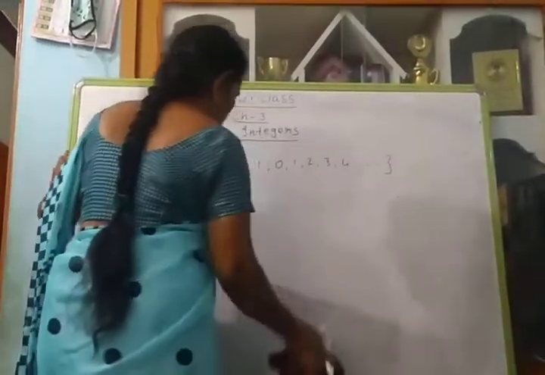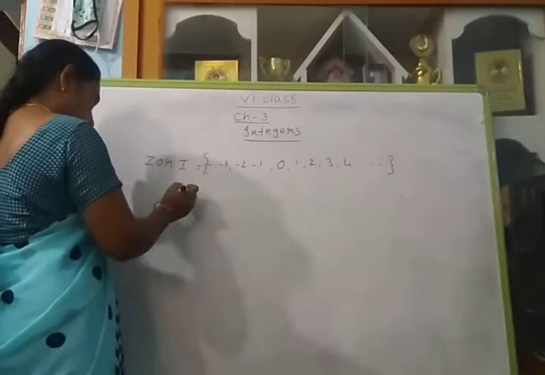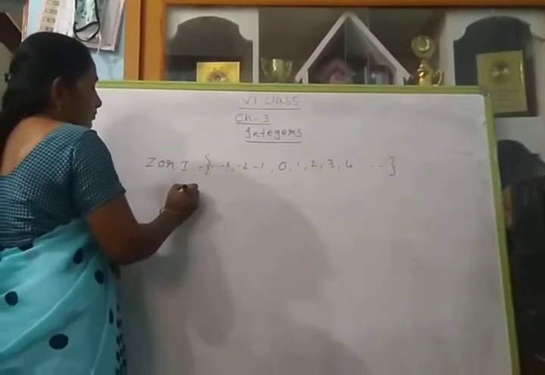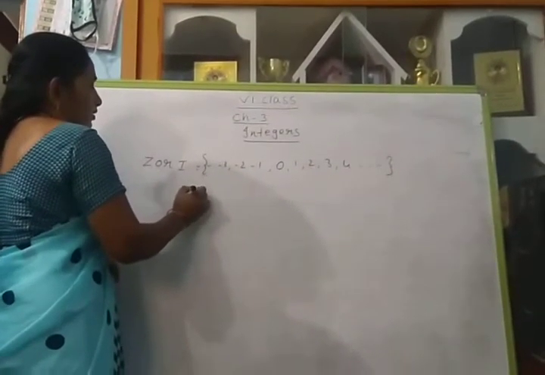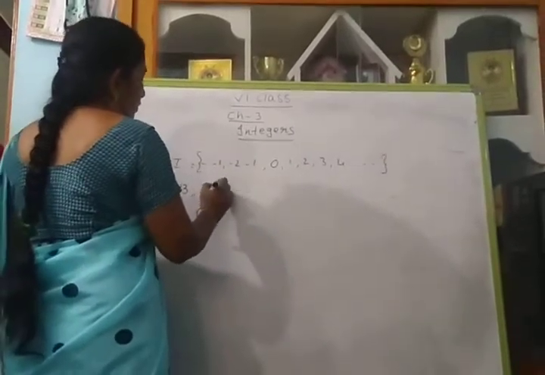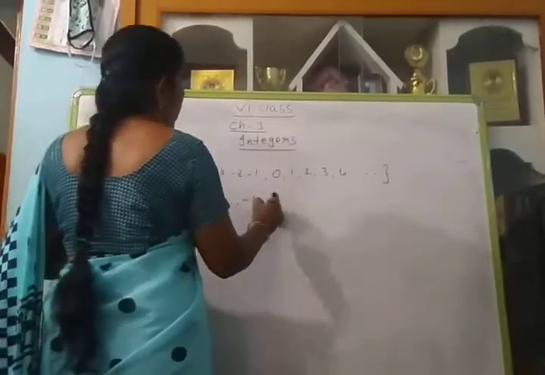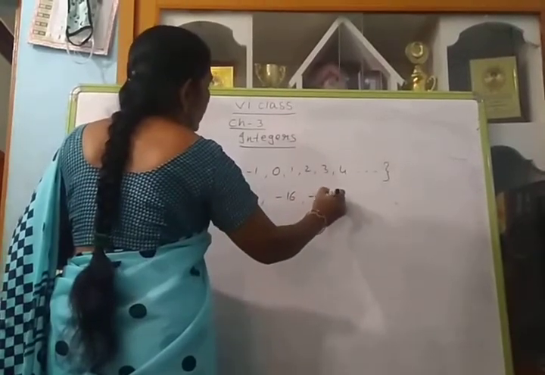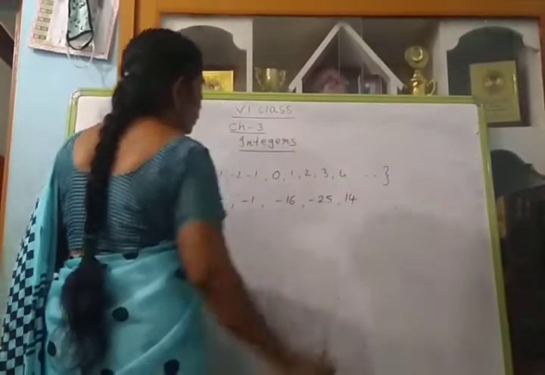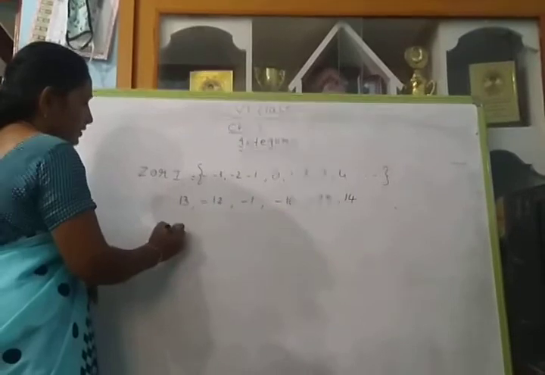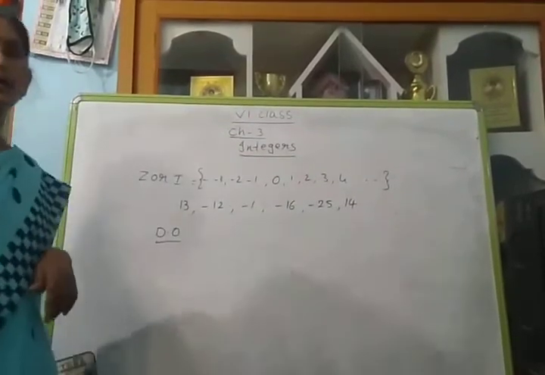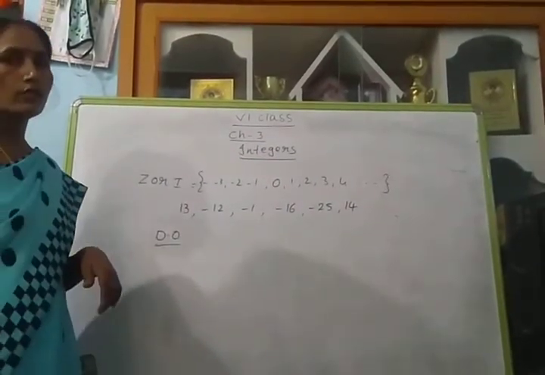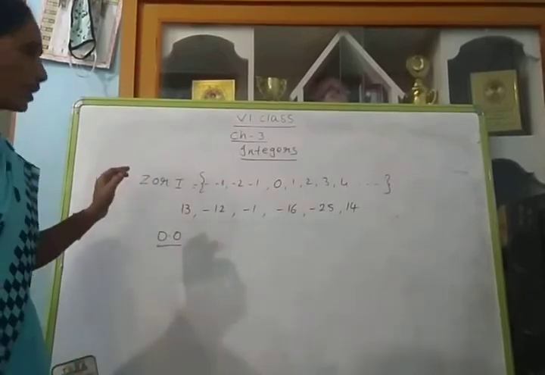One more example. Minus 12, minus 1, minus 16, minus 25, 14. Arrange in descending order. Descending order means numbers are arranged from greater number to smaller number.